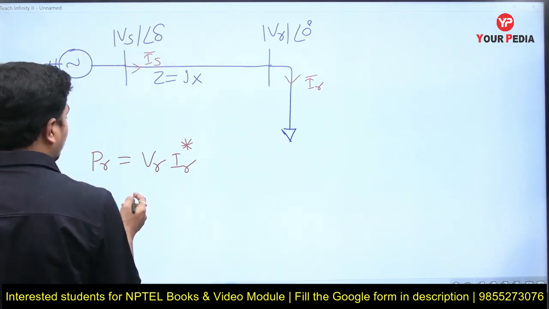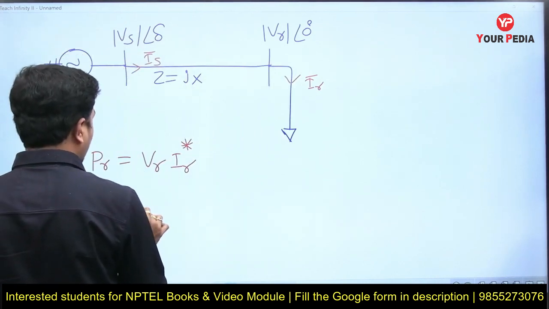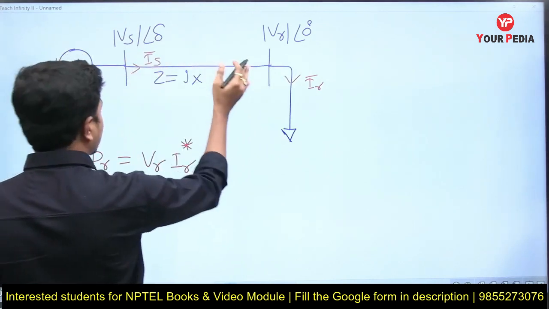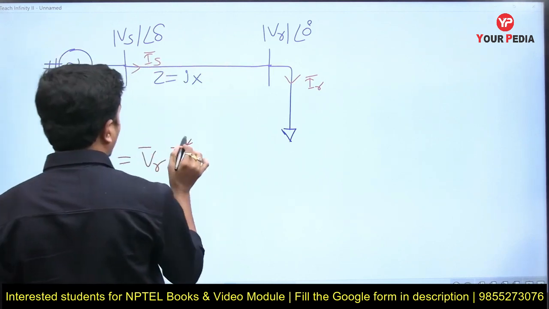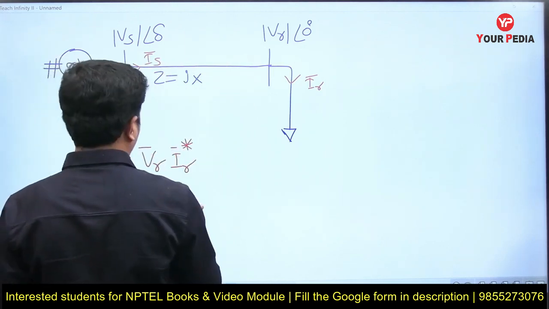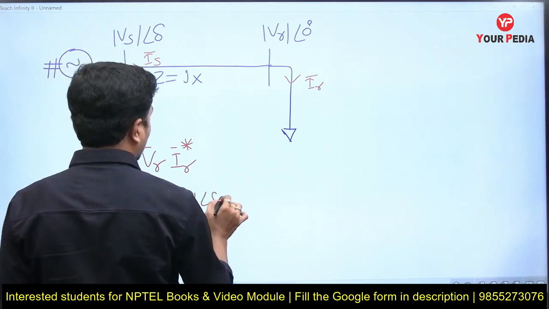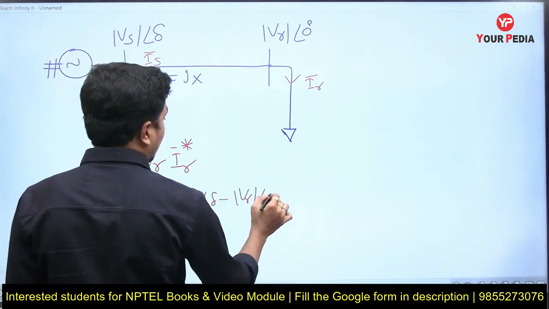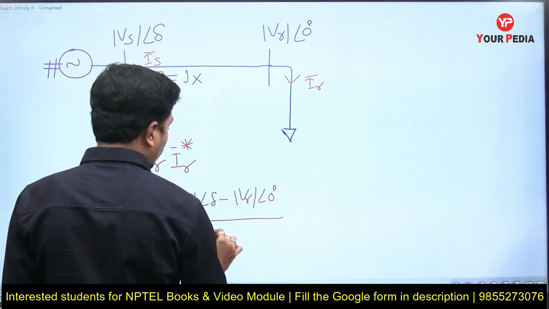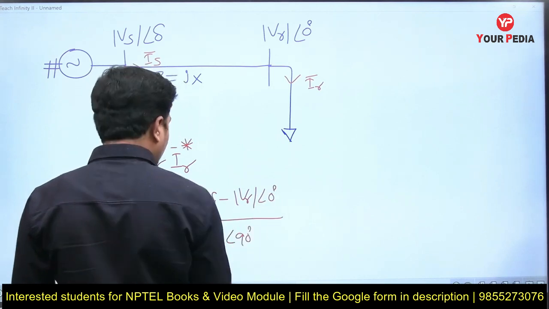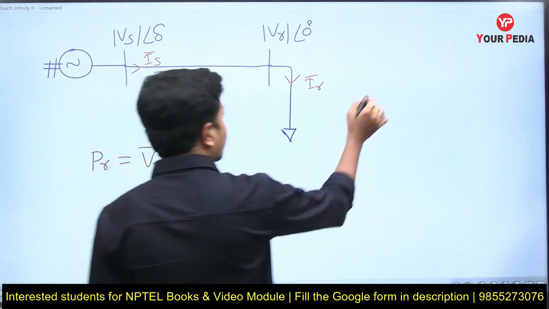So we take IR conjugate. Now what is IR? IR is equal to IS, how we can write? Mod Vs at an angle delta minus mod VR at an angle 0 by jX, which means X at an angle of 90 degrees. Then what is IR conjugate?